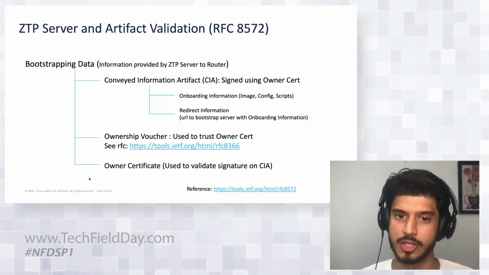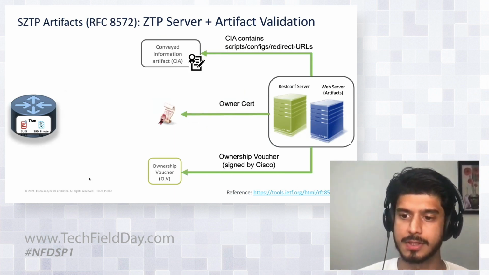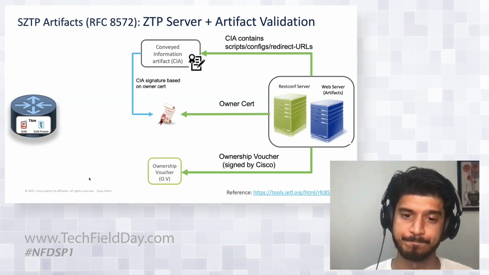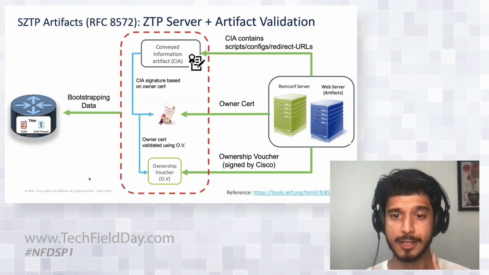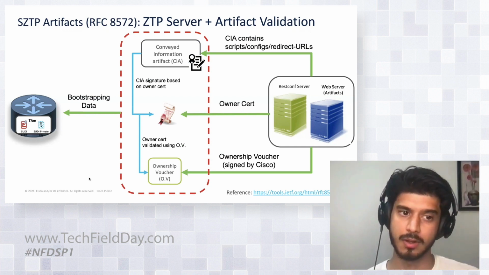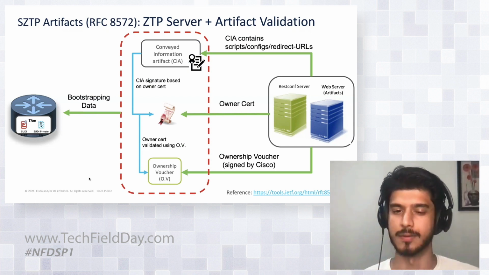And the second aspect, which is how does the device trust the network? This happens basically through the workflow you see here. There is bootstrapping data coming from the ZTP server to the device, and we follow the trust chain that we spoke about earlier.